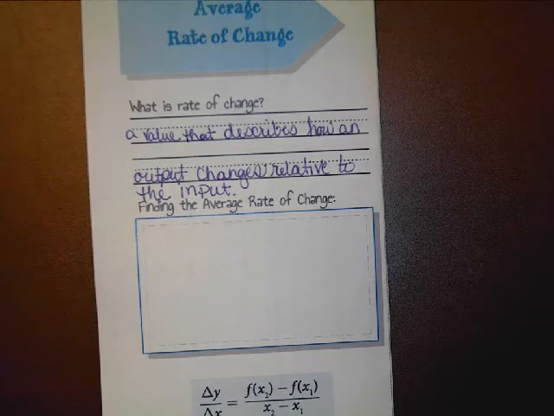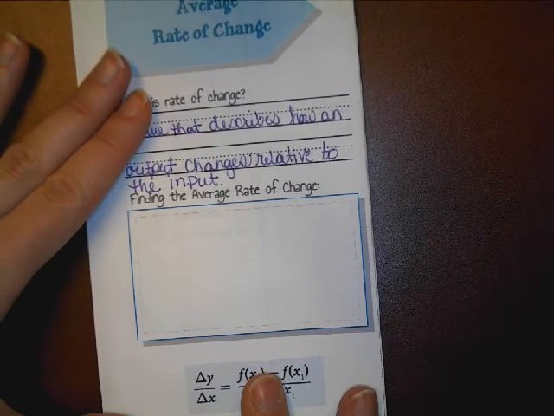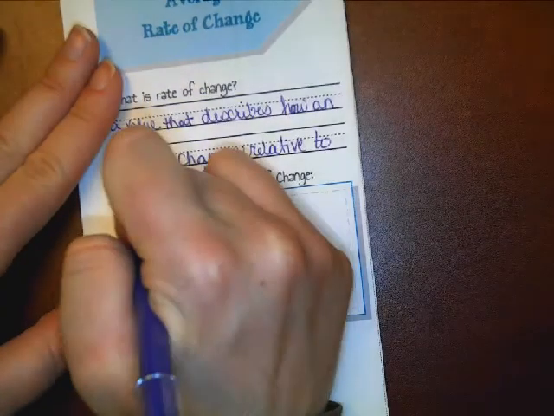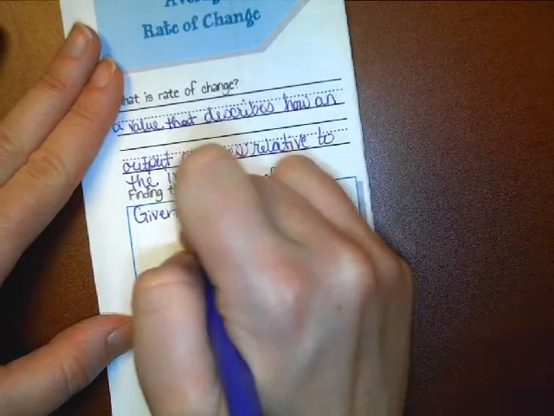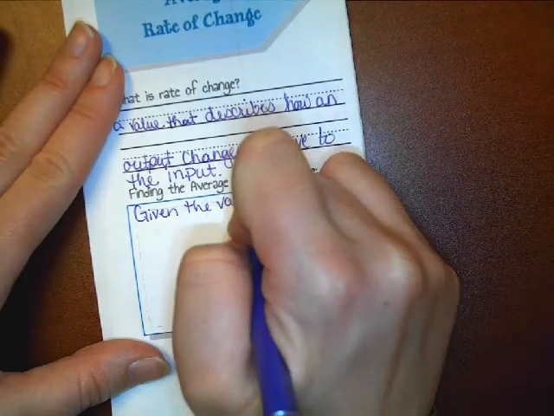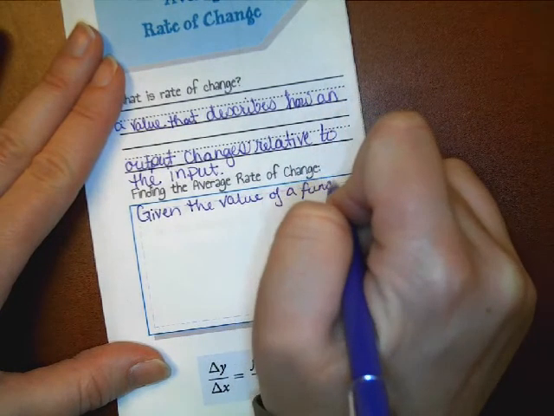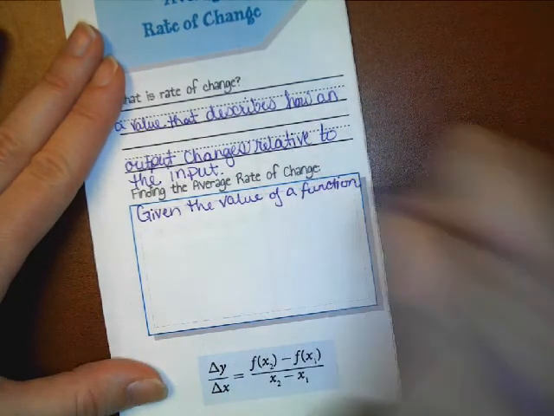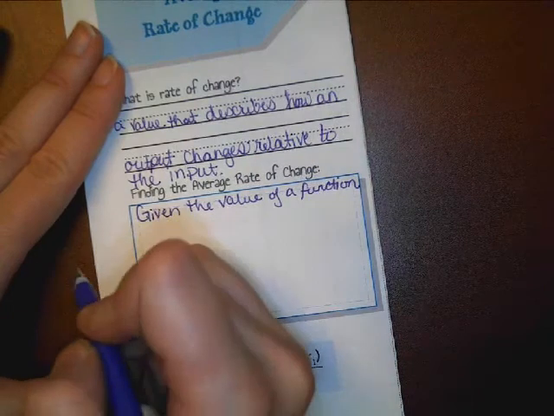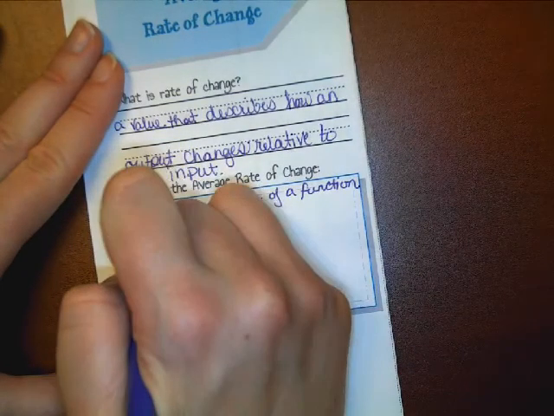All right, so how do we find the average rate of change? You guys ready for that? So first we have to be given the value of a function at different points x1 and x2.